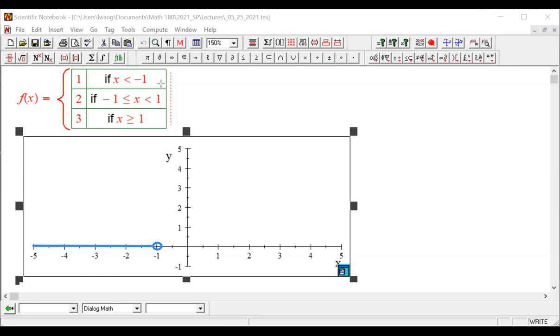And when the input is less than -1, the output is all 1. For that input, you get a 1. So this is going to be a straight line. And it ends here because at -1 it is not defined by this piece.